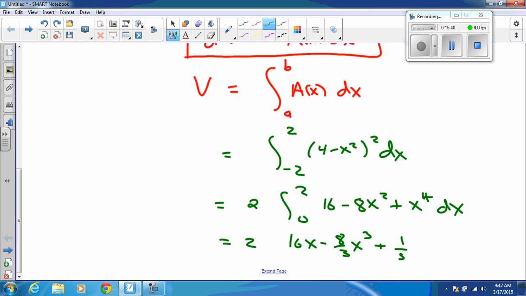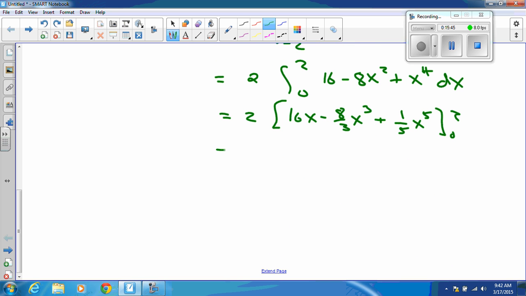That's x to the 4th, not x to the 11th. And this gives me 2 times 32 minus 8 times 8 is 64 thirds plus 32 fifths. I'm not feeling the simplification today. I think we'll leave that. I could. My inner nerd is screaming.